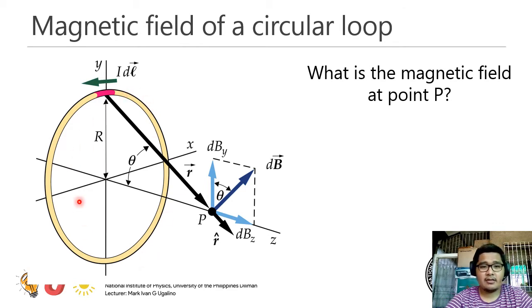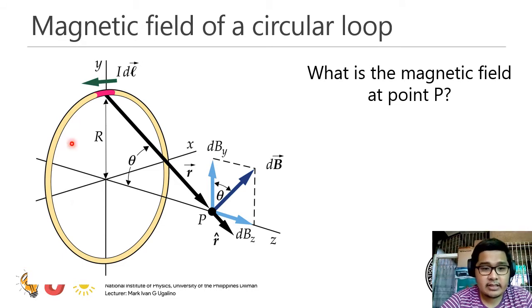So you can imagine the vertical case. We can place your loop here flat, and we are considering some point P, a distance z along the z-axis.